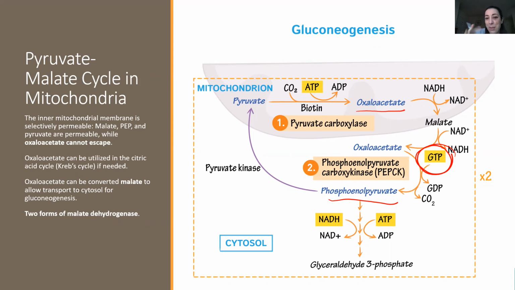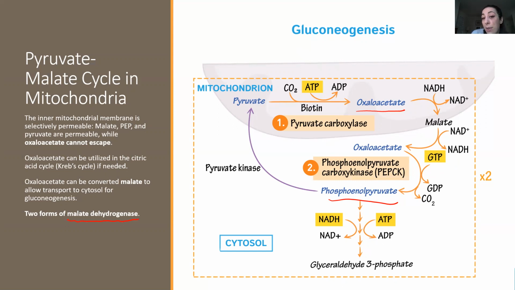So you have a back and forth here. And then that oxaloacetate can continue going through these steps, making the PEP, which then continues through the rest of our gluconeogenesis. Now, to do this conversion of oxaloacetate to malate, we use an enzyme called malate dehydrogenase.